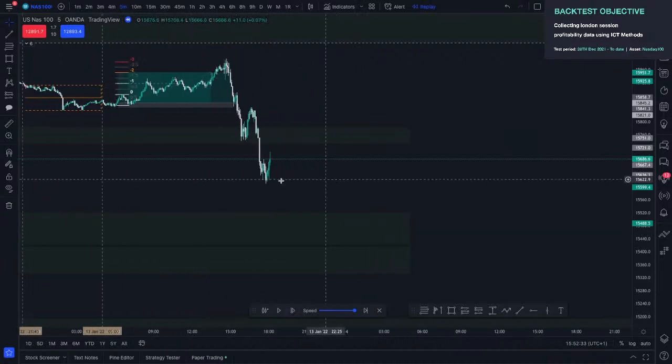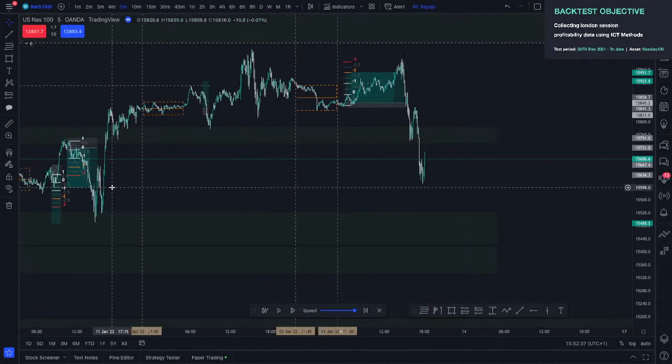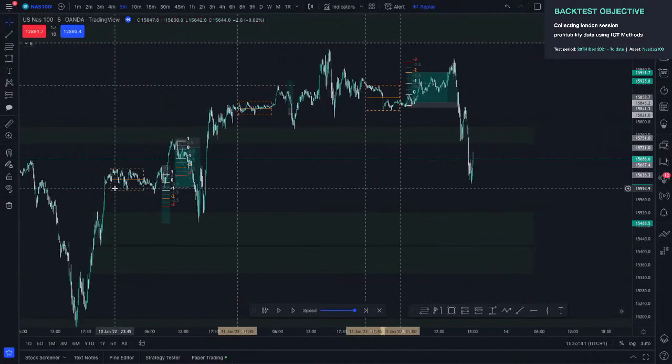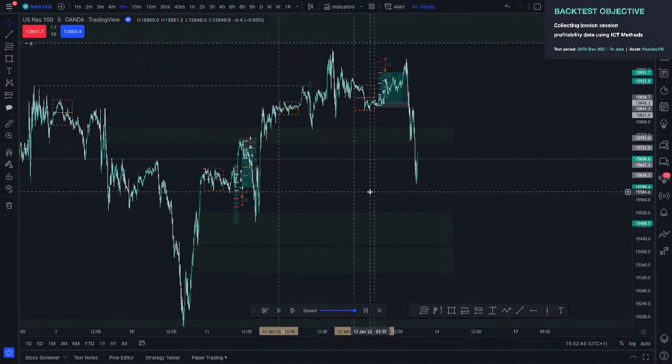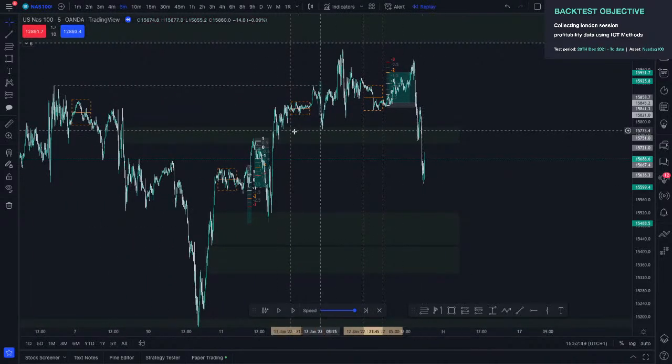So I have an ICT here, but I mean, yeah, you do have an area here. I did not even mark this. You do have an area here, but one thing that's also worth noticing is this level right here.